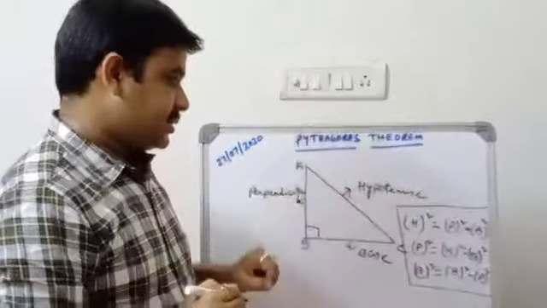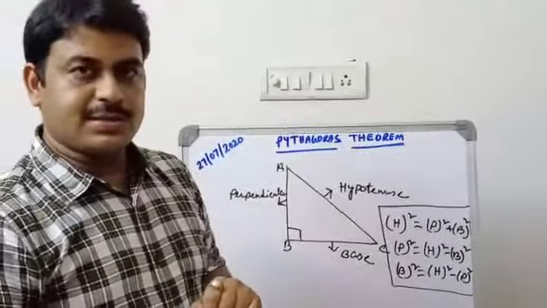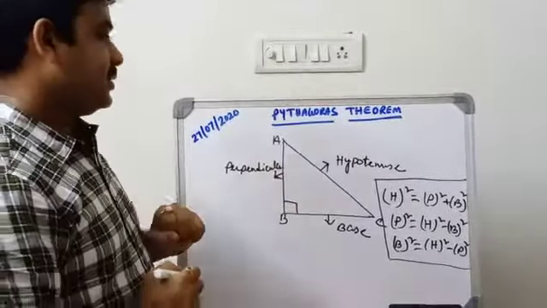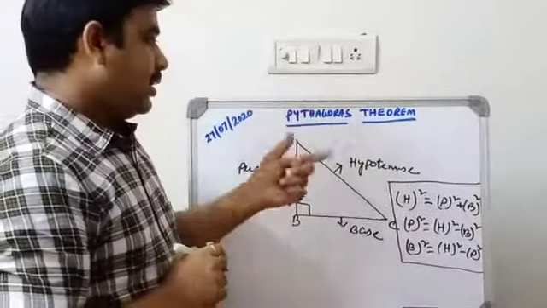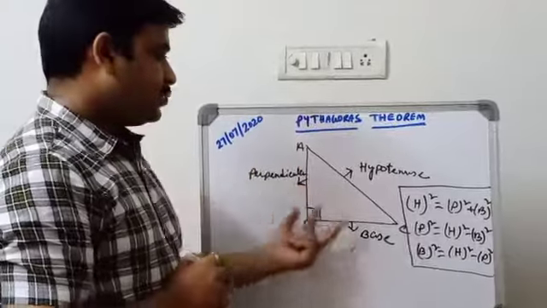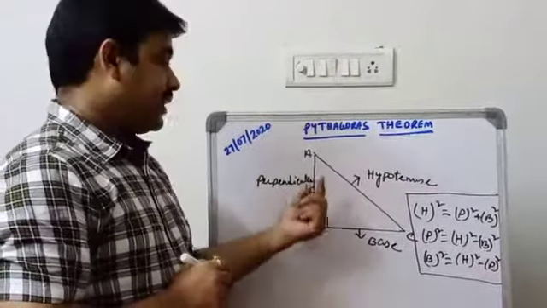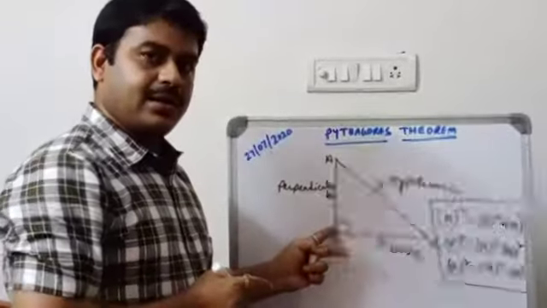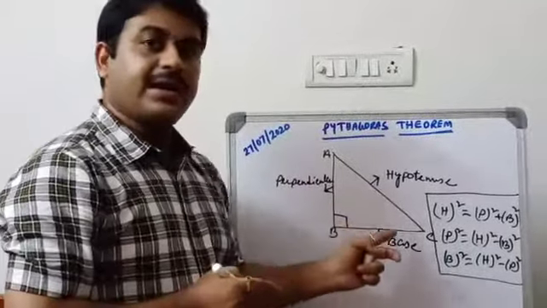Next, there is a converse theorem of Pythagoras theorem. What is the converse? Suppose in a triangle, the square of one side equals the sum of the squares of the other two sides, then the angle opposite to the first side is a right angle, and the triangle is a right angle triangle.